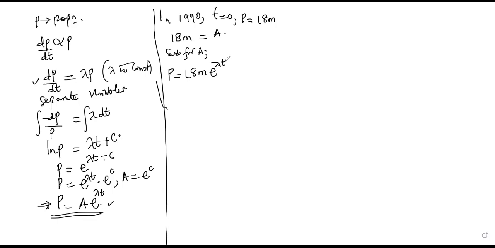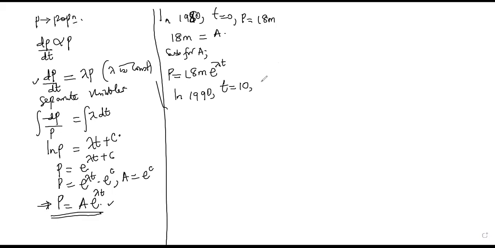Now, after getting that, in 1990, this was in 1980. This was in 1980. So now we are going to 1990. In 1990, t would be 10 years. t will be 10. Now, they have not told you that t is 10, but logically, from 1980 to 1990, the time interval is 10 years.